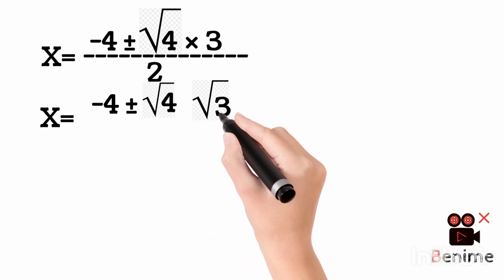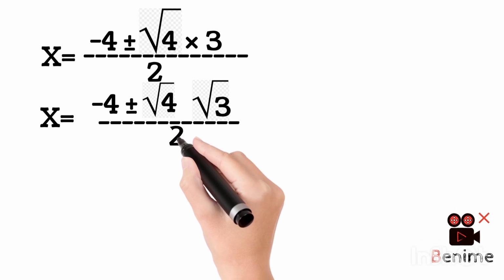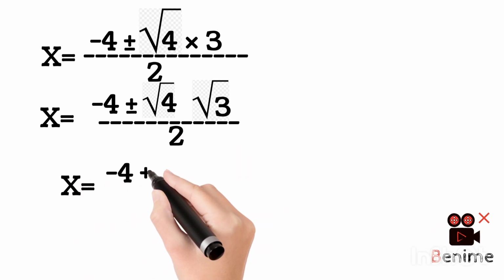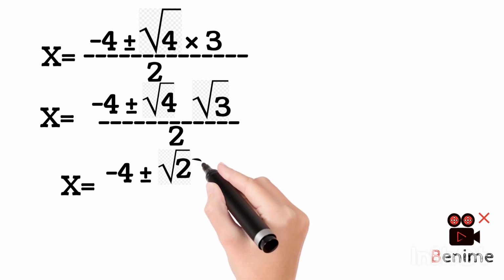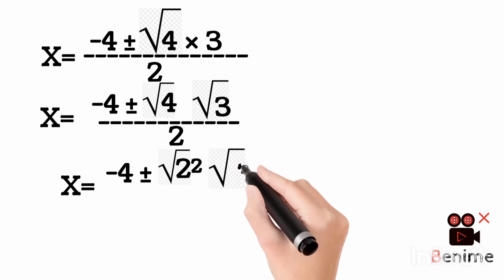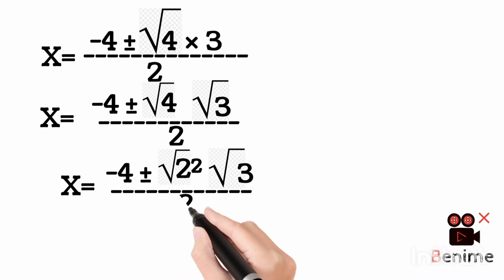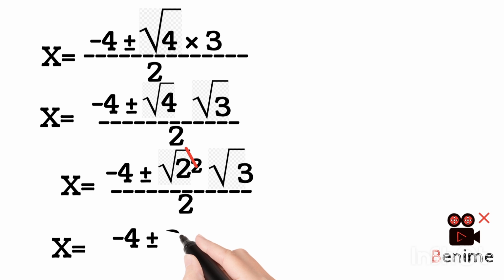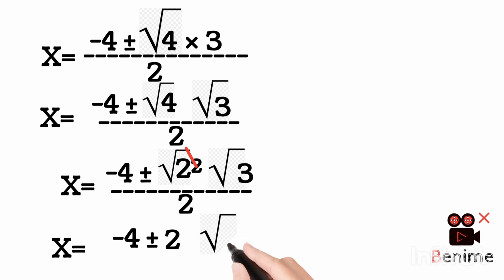As we know, two numbers multiplying under the same root can be written as two different numbers under different root signs. So 4 becomes 2², and its square cancels out with the square root, and we are left with (-4 ± 2√3) / 2.